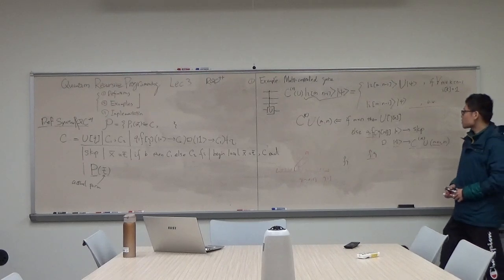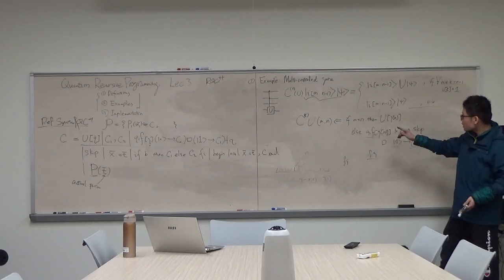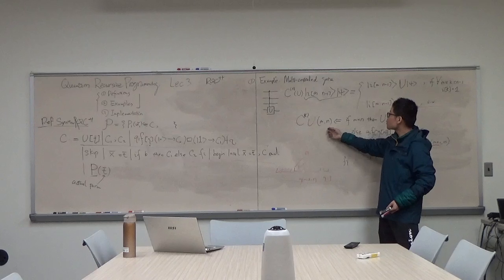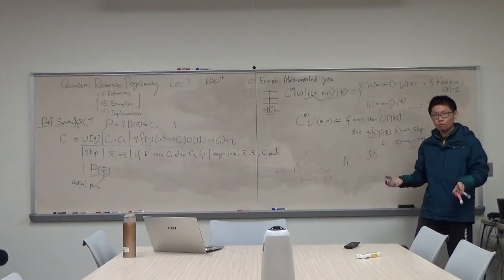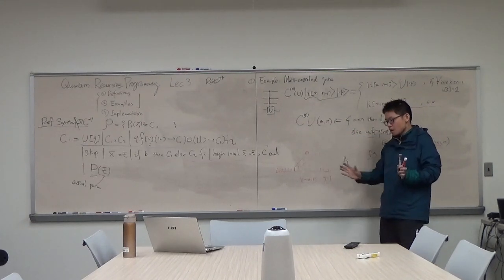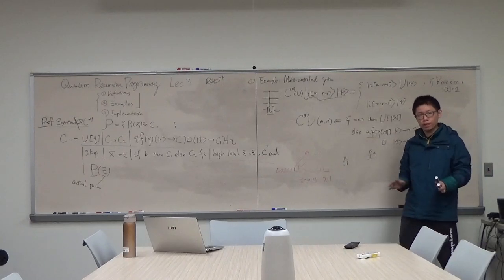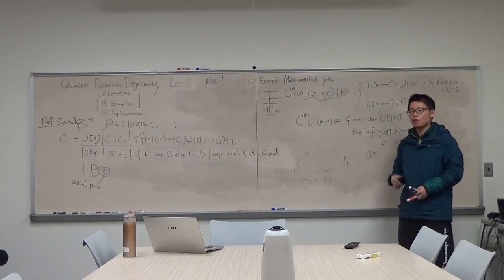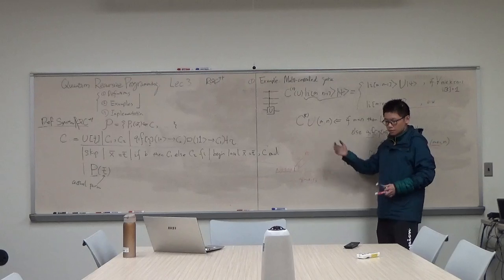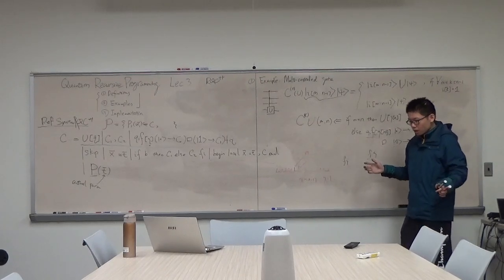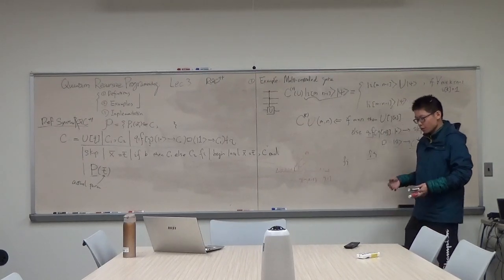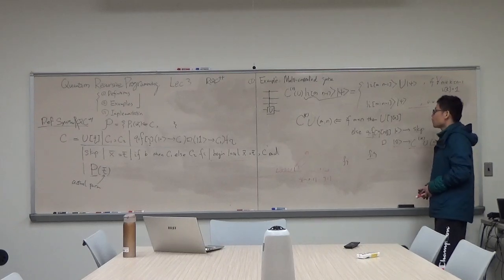Okay, that's a good question. So the question is asking, this multi-control gate will include the Toffoli gate, and there are other ways to decompose the Toffoli gate into one- and two-qubit gates. So how can we verify these two expressions are equivalent?